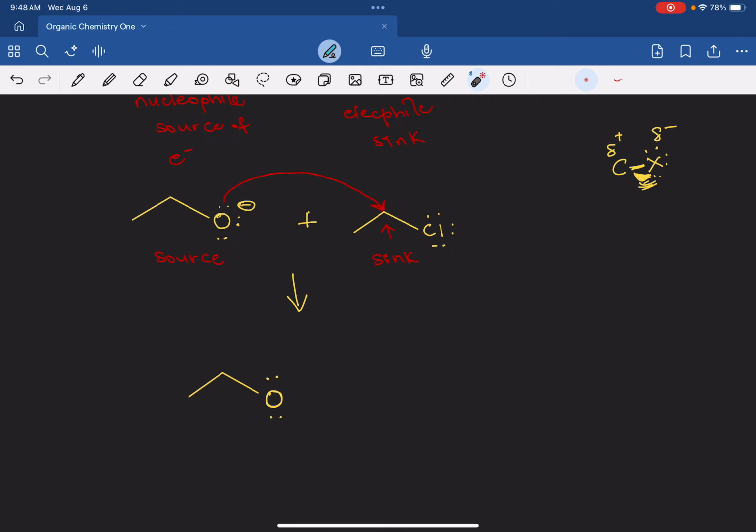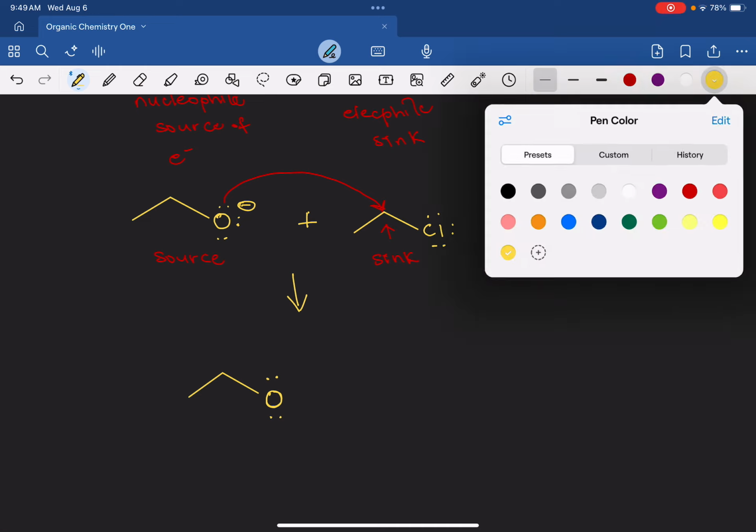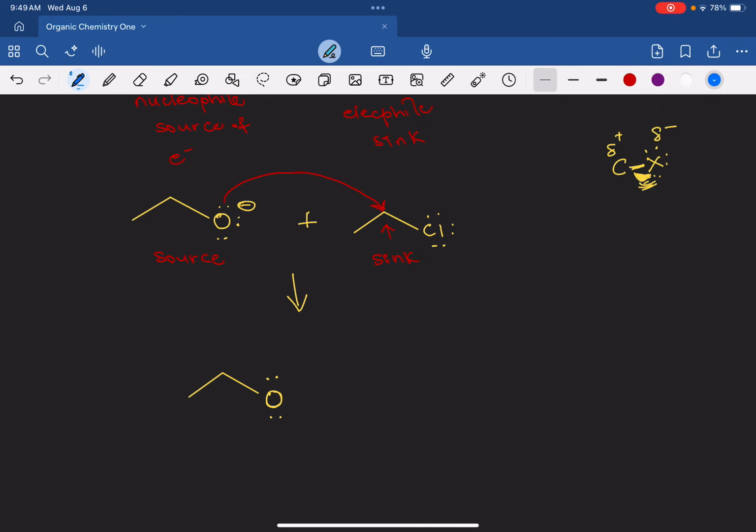So we're making a new bond between the oxygen and this carbon right here, okay? So I'm going to number these carbons 1, 2. So we're making a bond between the oxygen and carbon number 2. Number 1 is clearly still there. So let's draw our new bond. This is my new bond, right?